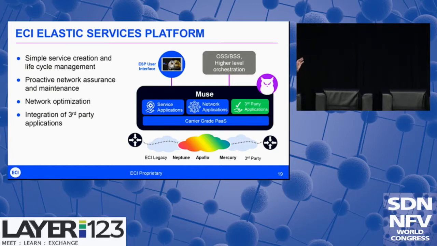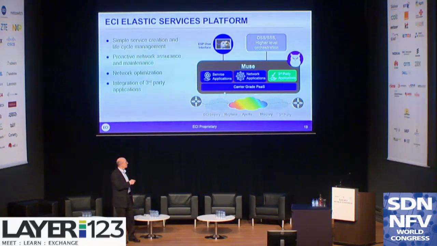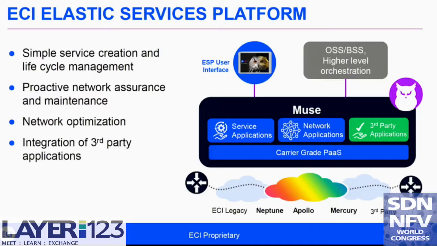So it supports a pure cloud-native architecture, a set of service applications and network applications covering SDN and NFV. It supports an ability for third-party applications to sit on top of that, and all built on top of a carrier-grade PaaS. And of course, you can access these benefits directly through our own Elastic Services Platform portal, as well as northbound interfaces into OSS/BSS so that it can be exercised as part of a larger ecosystem.